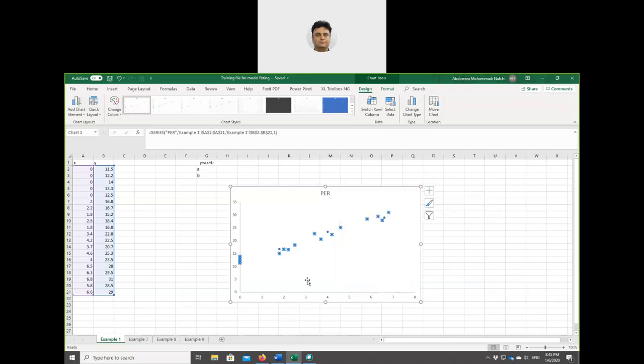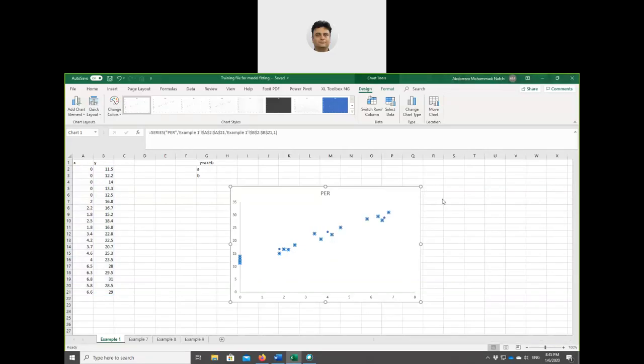Okay, I will repeat. Just right click on one of the data points, not on the empty area, just on one of the data points, and then add trend line.